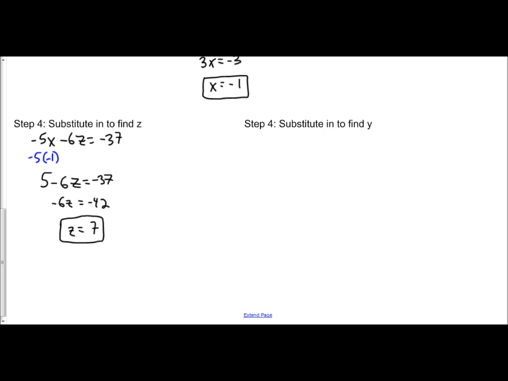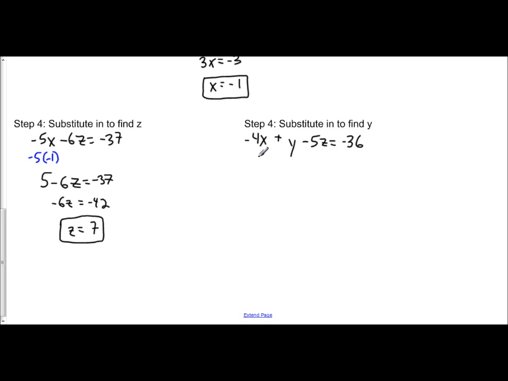The one that I'm going to use is the middle one, where it says negative 4x plus y minus 5z equals negative 36.